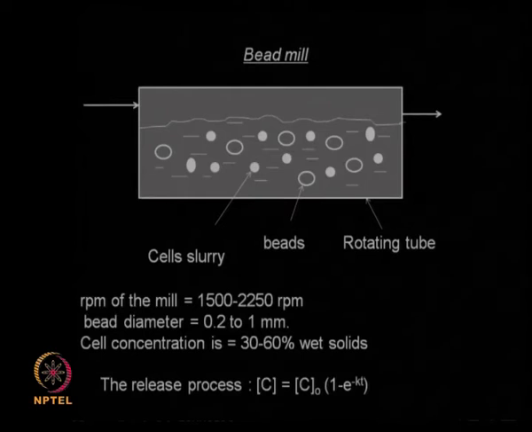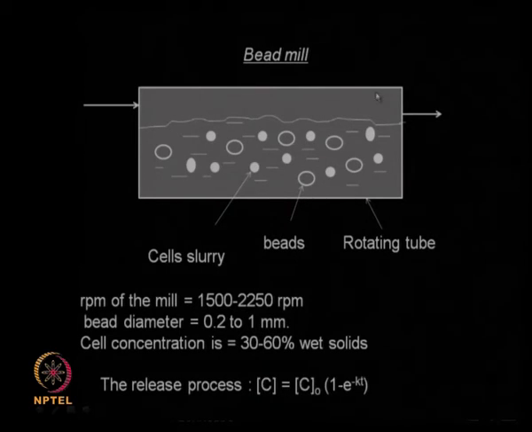Let us look at various techniques slightly in more detail. This is called a bead mill. As the name implies, it has got metal beads inside, it could be ceramic beads, it could be stainless steel beads, it could be iron beads. So you have several beads present inside this.